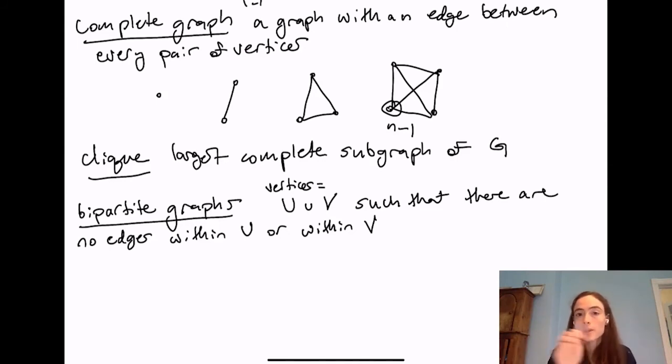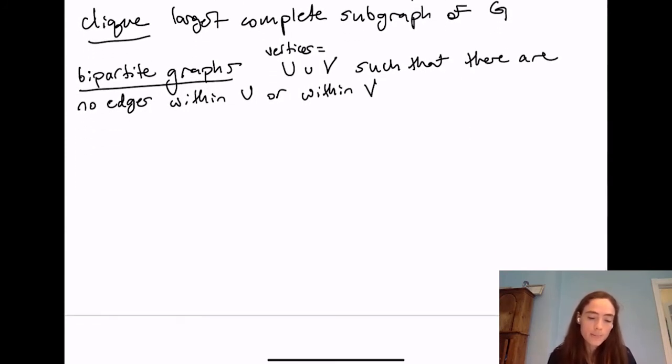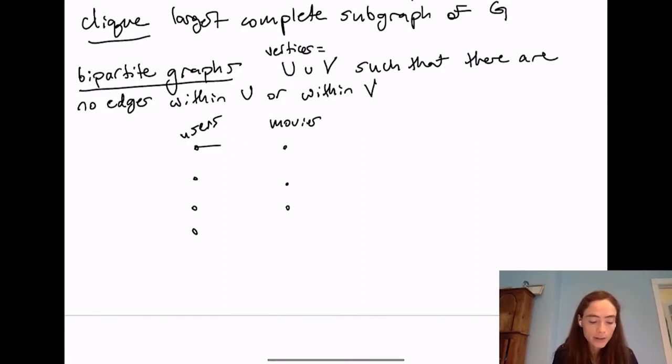So for example, if Netflix was making a graph of users and which movies they were watching, that would be a bipartite graph, because there would be a connection just from a user to a movie, but there wouldn't be connections between users or between movies.